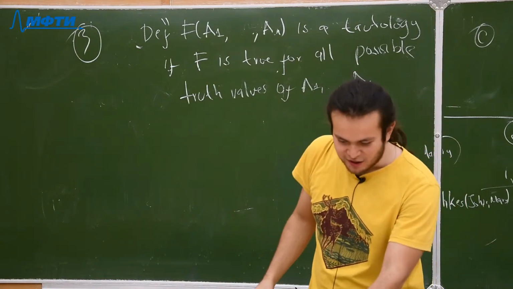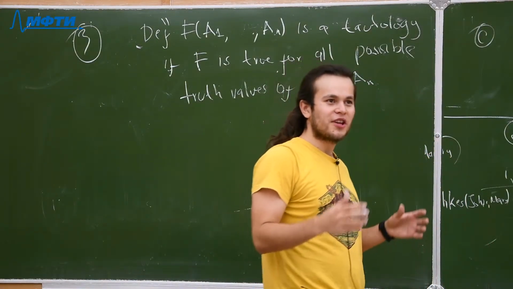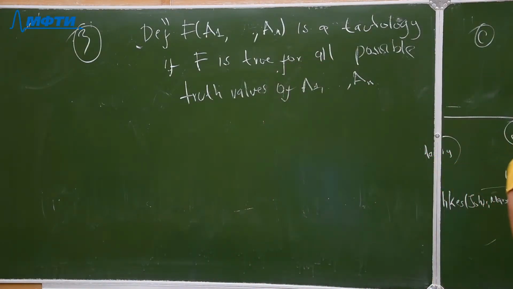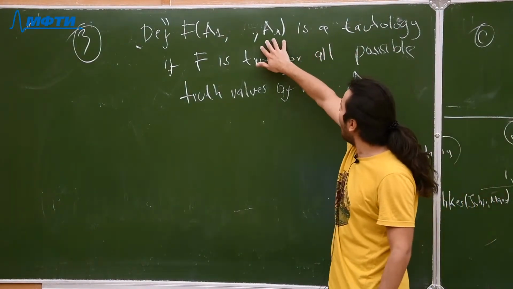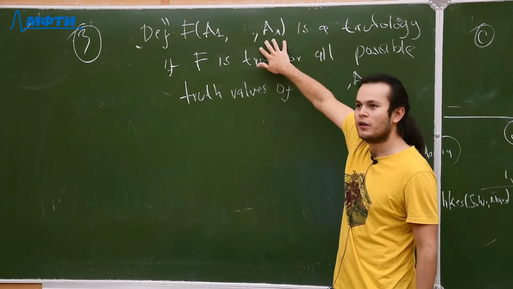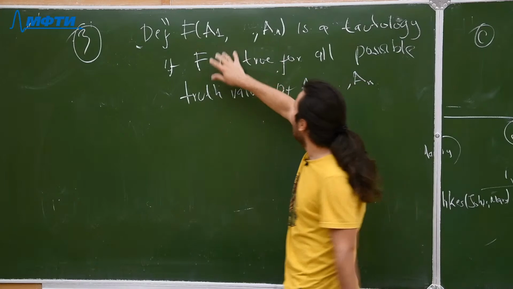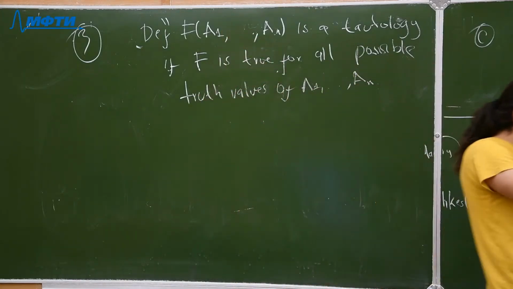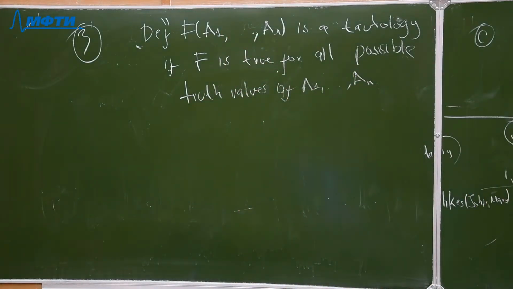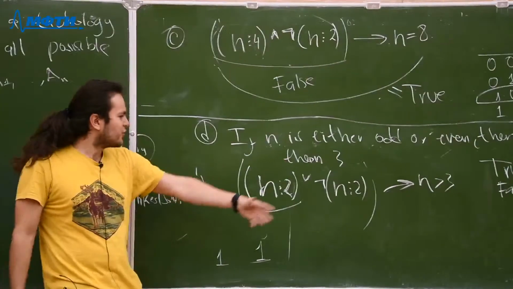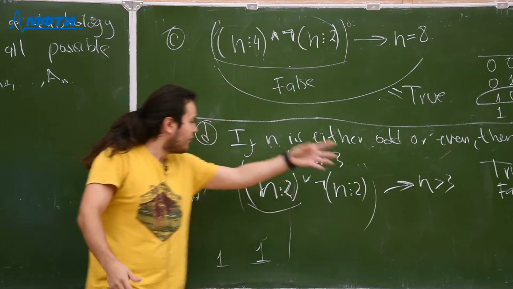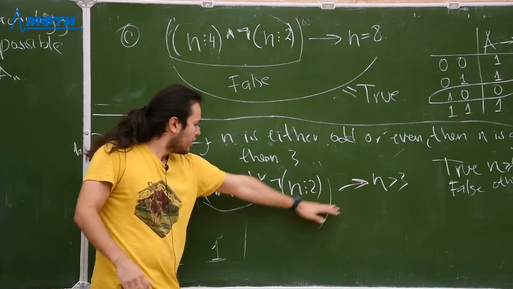So this is the definition, but do you understand it? Yes? So is it clear? So what is this? F. This is a statement, a compound statement of many other simple statements, a1 and an. For example, f of a1 and a2.